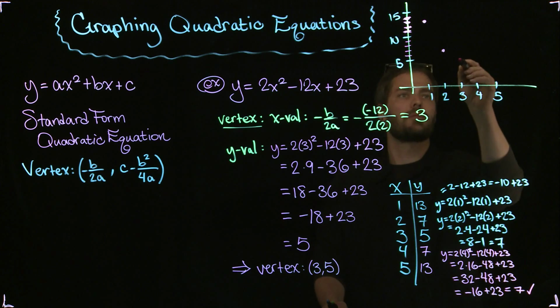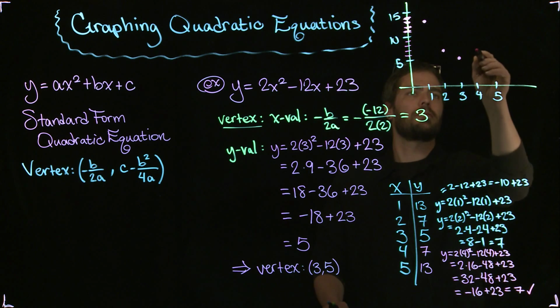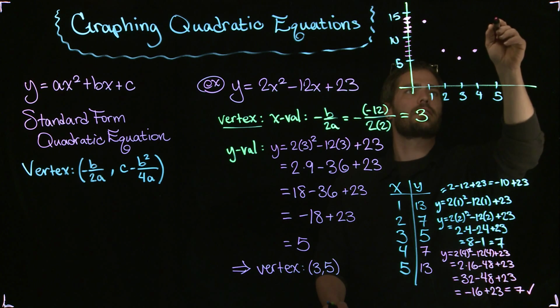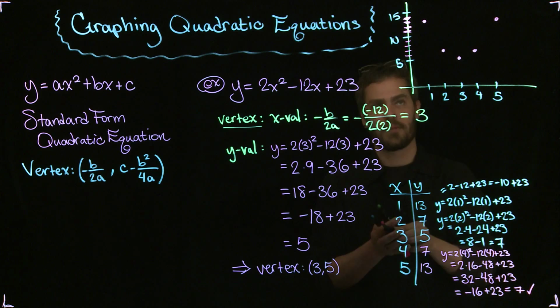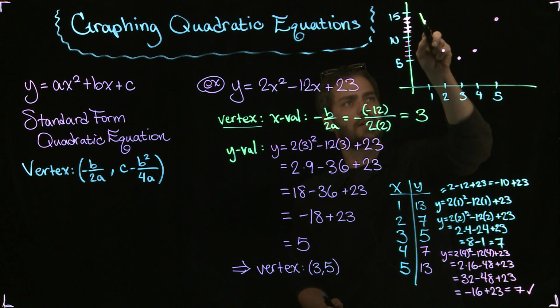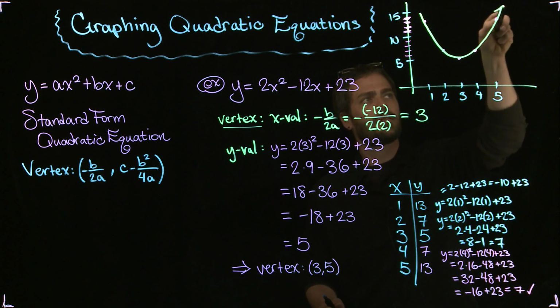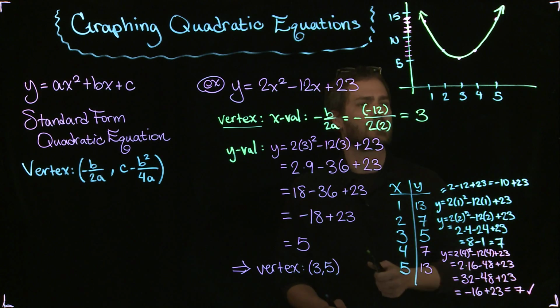And (3, 5) was our vertex. By symmetry, we've got these other points, (4, 7) and (5, 13). And then you connect it with as smooth a curve as you can. And there is our graph.